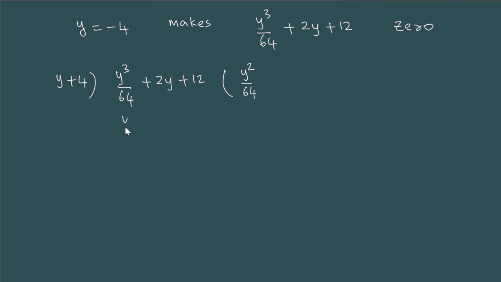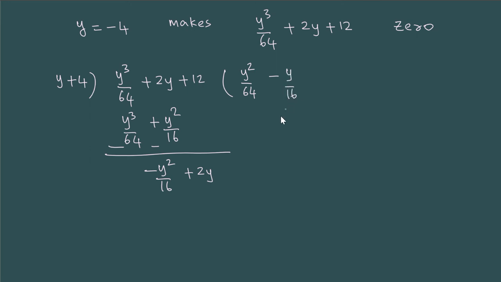So I'll have y cube by 16, and then if I multiply by 4, I'll get y square by 4. I think these will disappear, so I have minus y square by 4. Then I try to bring the other terms, so 2y, and then I have y into y by 4.